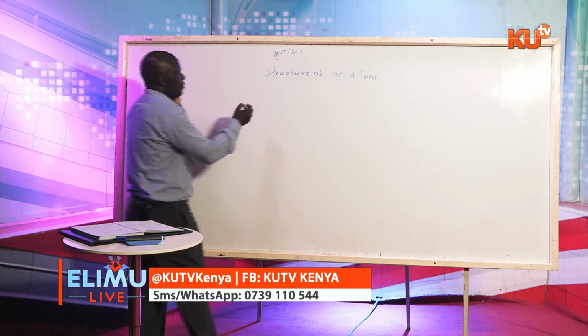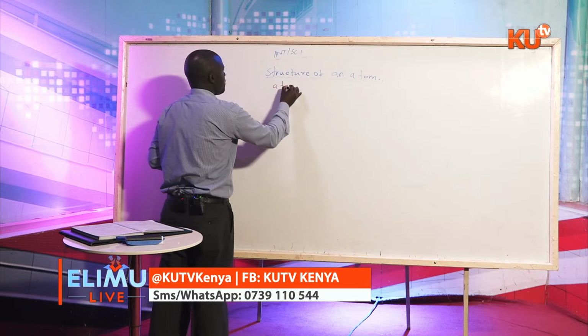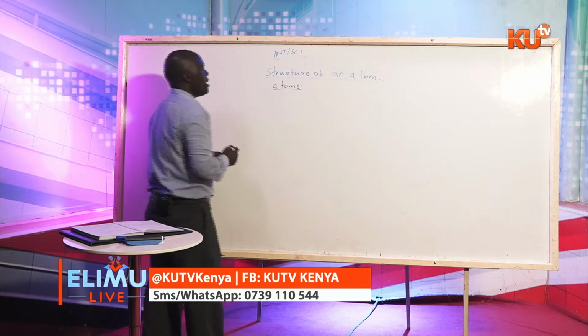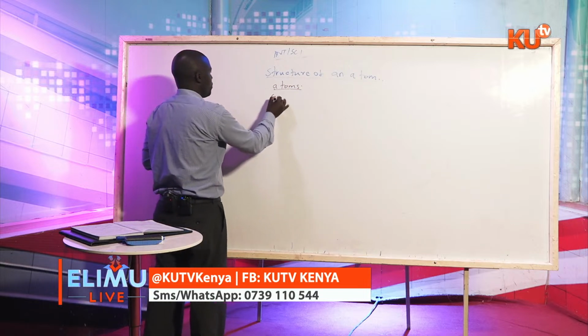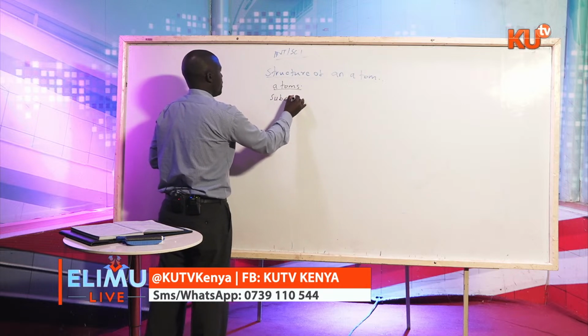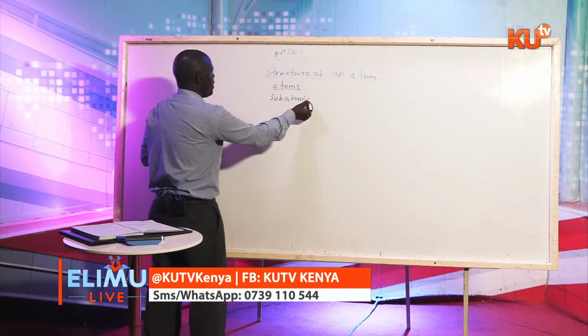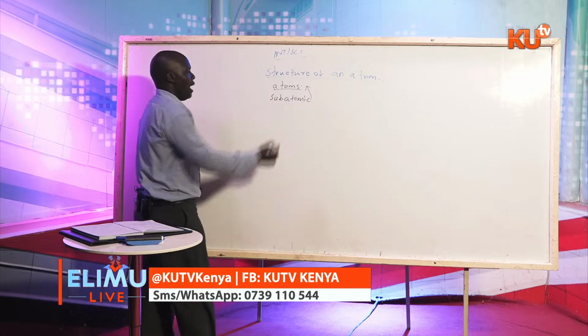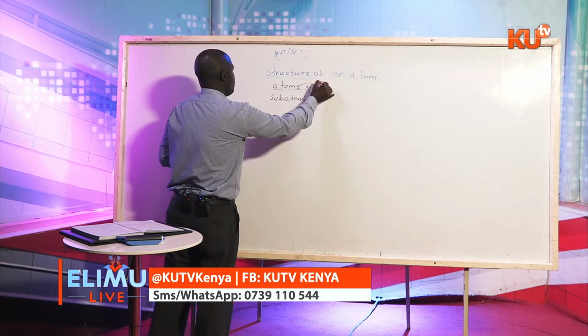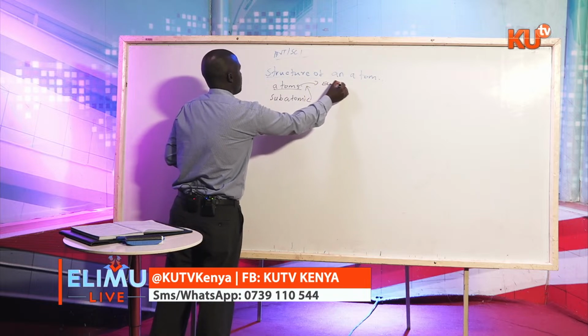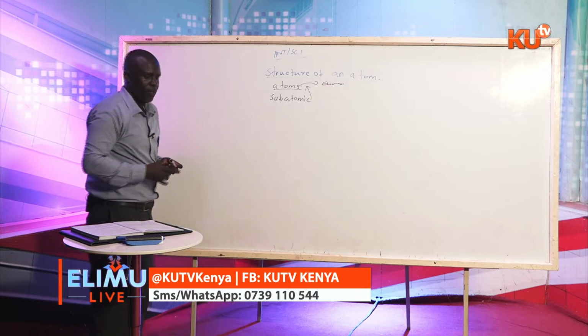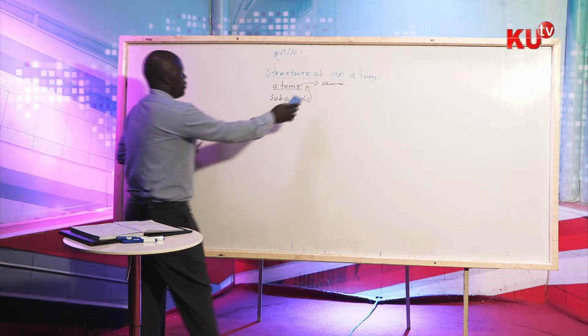We realize that atoms are made of what we call subatomic particles. The subatomic particles are the building blocks of an atom, and an atom is the building block of elements. So what are these subatomic particles?